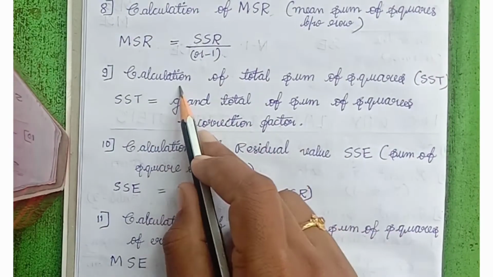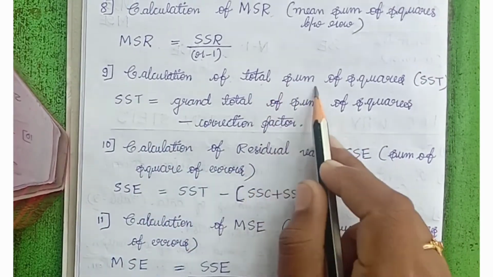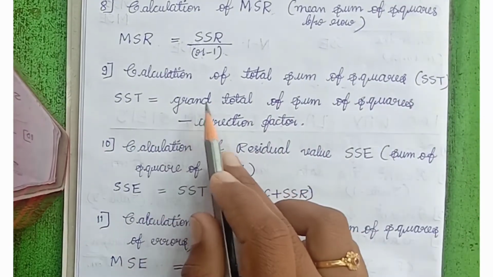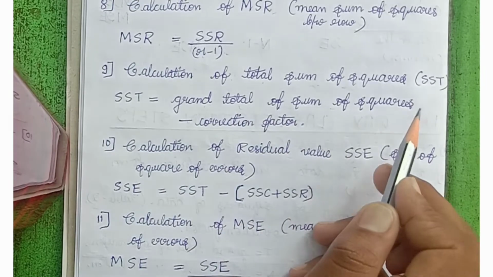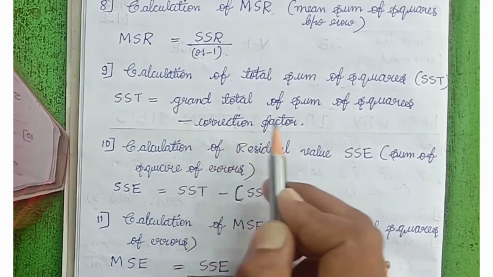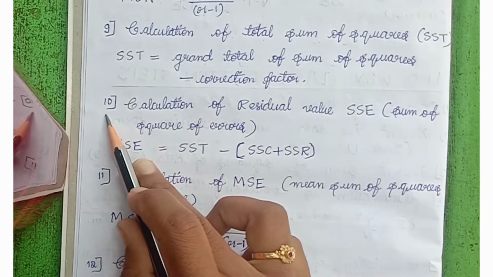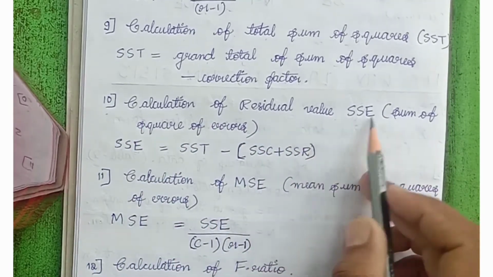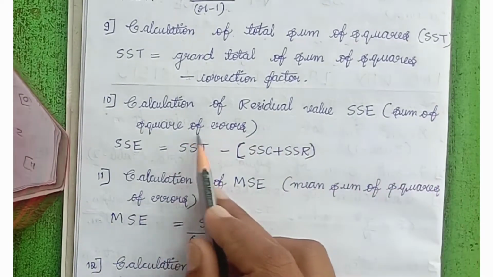So ninth step, calculation of the total sum of squares. It means SST. So SST is equal to the grand total of the sum of squares minus the correction factor. So next, 10th step, calculation of the residual value. SSE means sum of squares of errors.